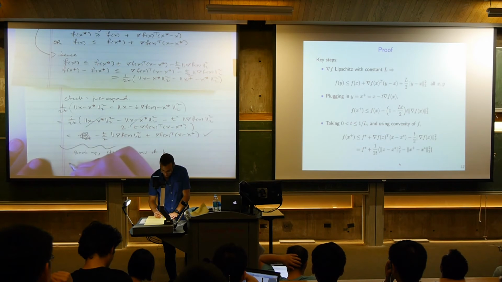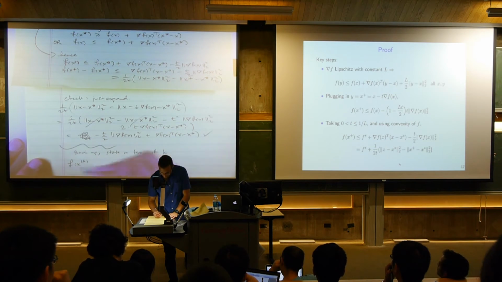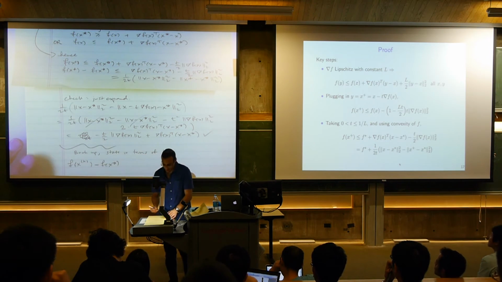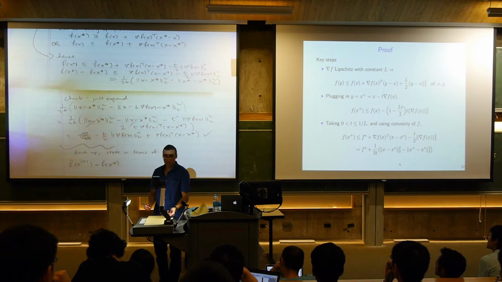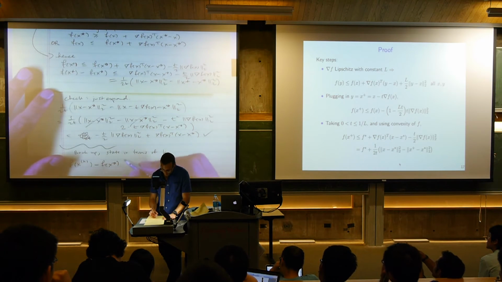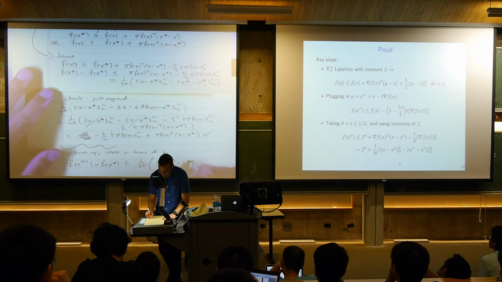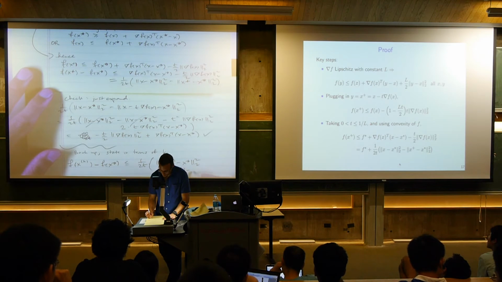What we've shown is that at any iteration, say iteration k, f of xk minus f of x star, where I'm thinking now of x plus as xk, and x as xk minus 1, is less than or equal to 1 over 2t times xk minus 1 minus x star squared minus xk minus x star squared.